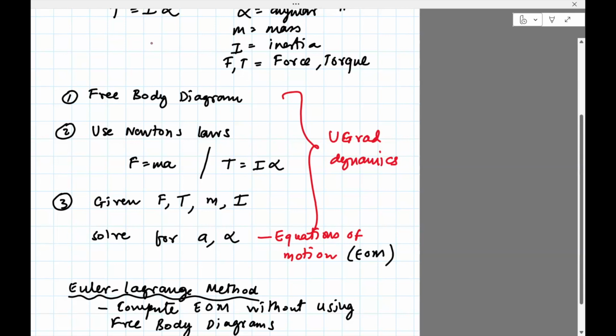We're not going to use this recipe because we really don't have a need for this. We will not really use Newton's laws, but the Euler-Lagrange equations will actually give you F equals ma, torque, without drawing this. And this step is common because you have to simplify things. So we'll not use 1 and 2, but use a different method.